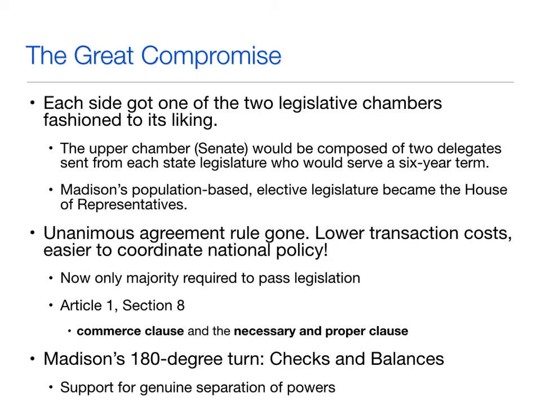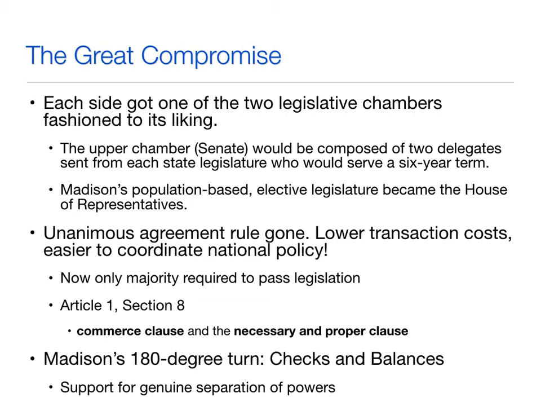And they drafted Article 1, Section 8, which established the Commerce Clause, which allowed Congress to regulate commerce between the states, interstate commerce, and what's called the Necessary and Proper Clause, also called the Elastic Clause, which, not quoting it directly, allows Congress to do everything necessary and proper to fulfill its duties as stated in the U.S. Constitution. This would end up being a clause used over and over to justify dramatic expansions of federal authority, as well as the Commerce Clause.